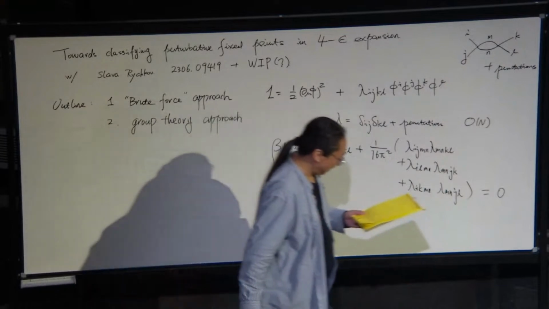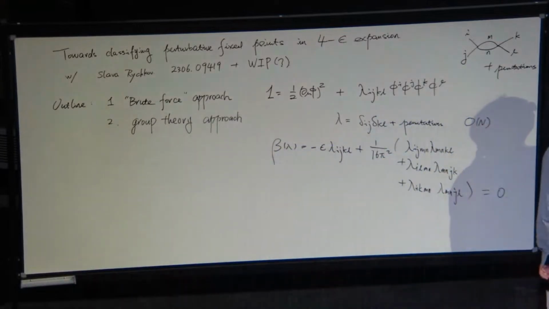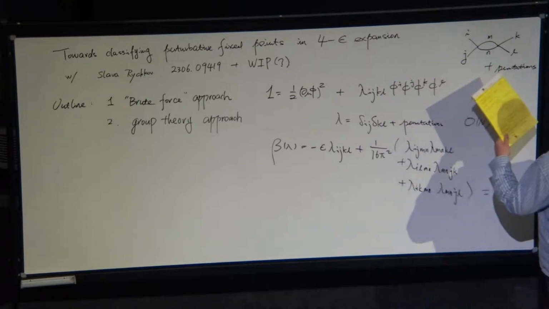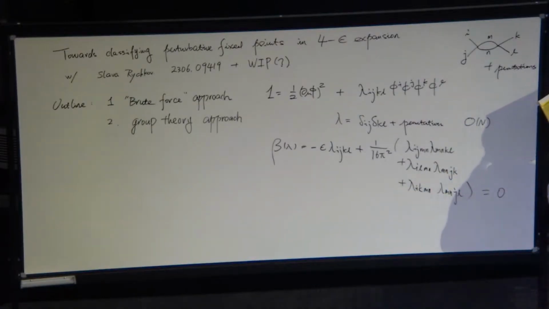Let's do some counting. The number of variables is equal to n(n+1)(n+2)(n+3) divided by 4 factorial. When n equals 3, this gives us 15.